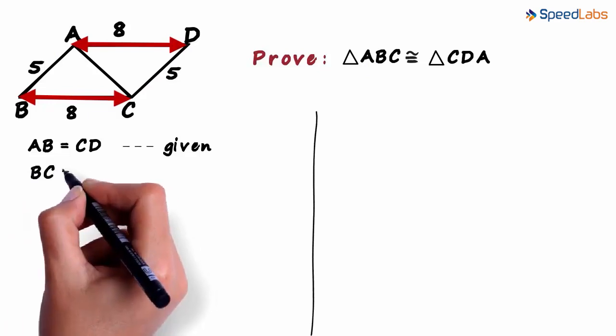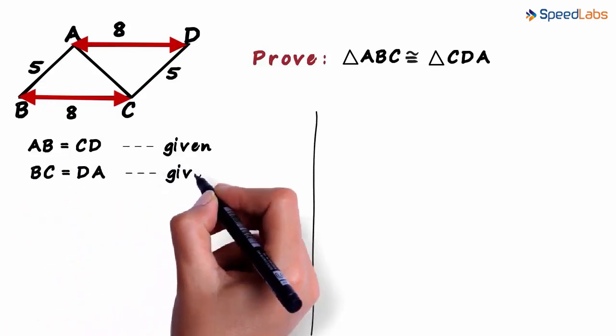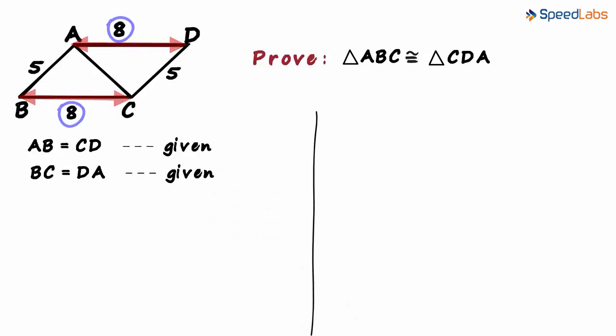We can write BC is equal to DA as both are equal to 8 units. So two of the sides of one triangle are equal to two of the sides of another. Is this enough to tell us that both triangles are congruent? Probably not. We need to compare the remaining side of each triangle.